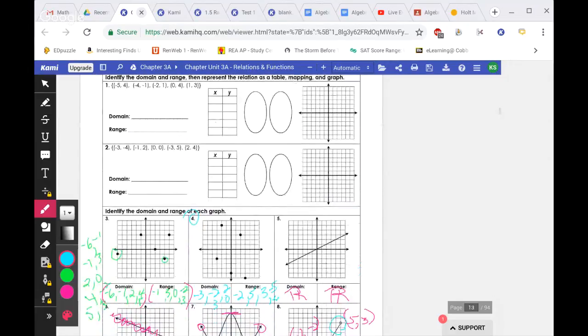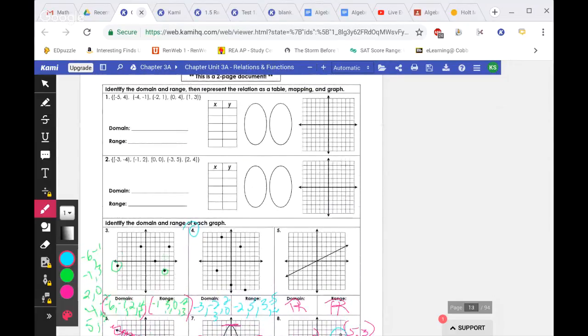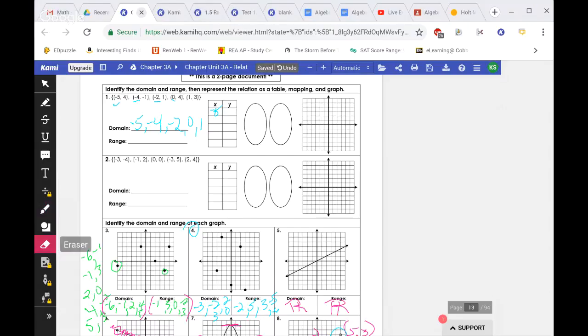Okay, so identify the domain and range and then represent the relation as a table, mapping, and graph. Okay, so the domain is going to be all the x values. So -5, -4, -2, 0, and 1. Oops, that's a pretty -5, it looks like an 8.